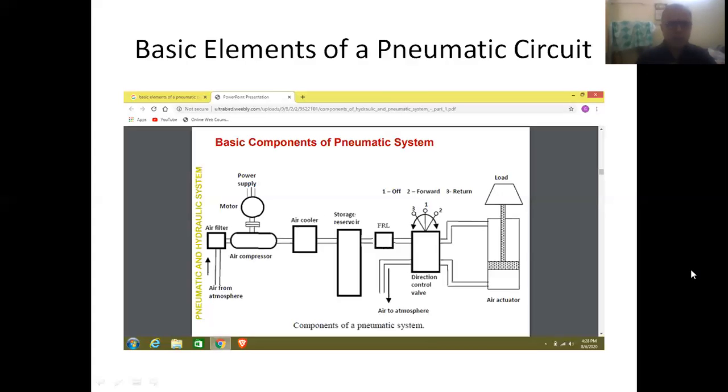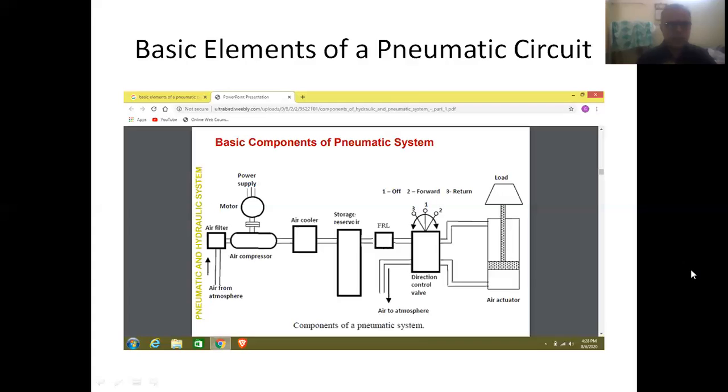So we have to make arrangements for cooling air, or reducing the temperature of air that is coming out of the compressor. So therefore, a cooler is placed after the compressor. This is the main purpose of this element that is called an air cooler.